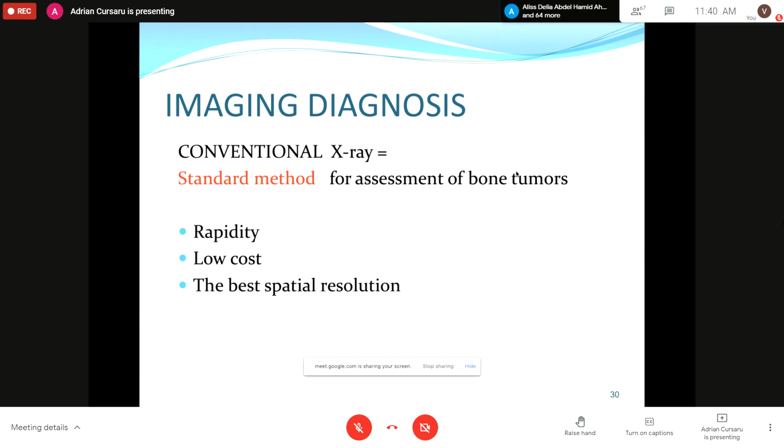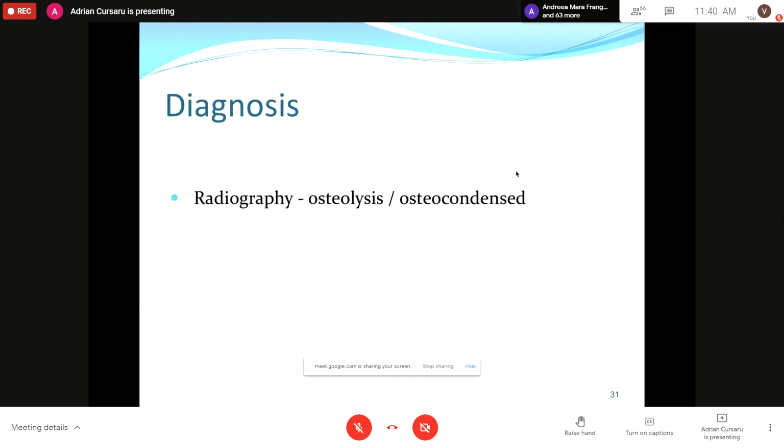But for that, you have to make more than 2 X-rays, okay, to see an anteroposterior view and a lateral view to make that 3-dimensional view to put a correct diagnosis. You can see the lesions of the bone, you can describe the lesion, you can tell us about the osteolysis or osteocondensation.